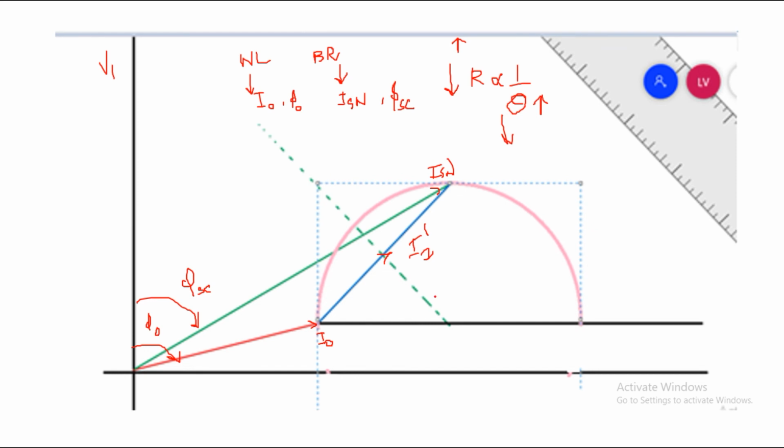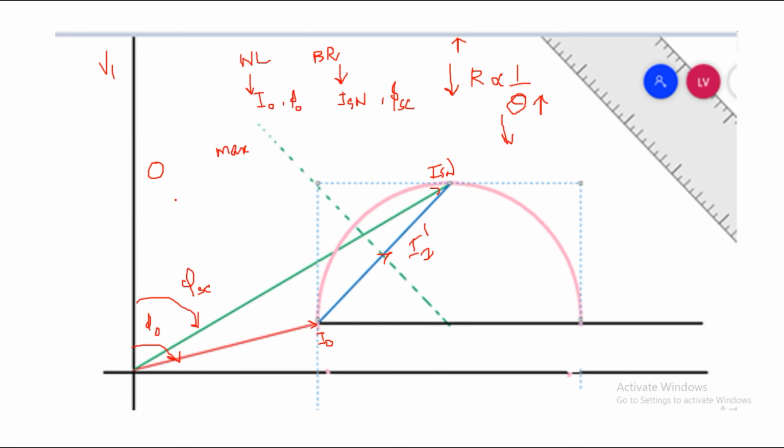And now some of you might be thinking, how would I2 dash become the vector addition of I0 and ISN? Because what we have seen in the previous slide is ISN is a replacement of I2 dash, right? So how will the resultant become I2 dash? The actual reason is ISN is not an exact replacement of I2 dash, because I2 dash is going to have a value range from 0 till its maximum limit.